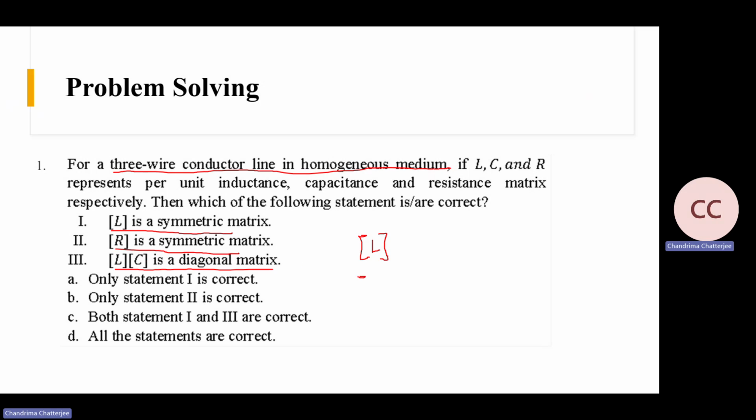Why? Because the multiplication of L and C that we saw is equal to mu epsilon I2, right? And what is exactly I2?